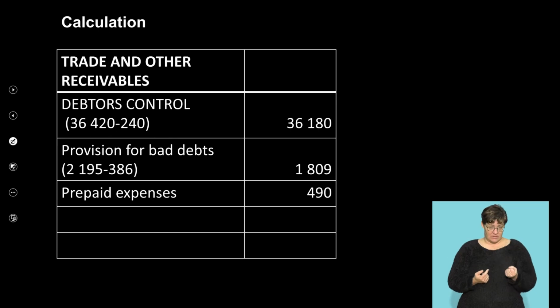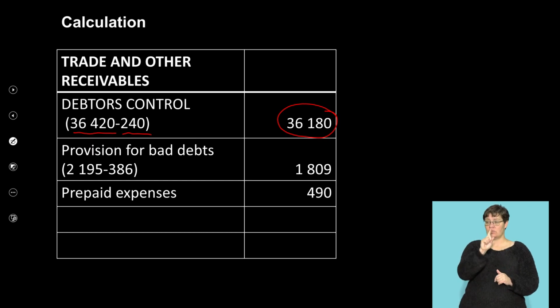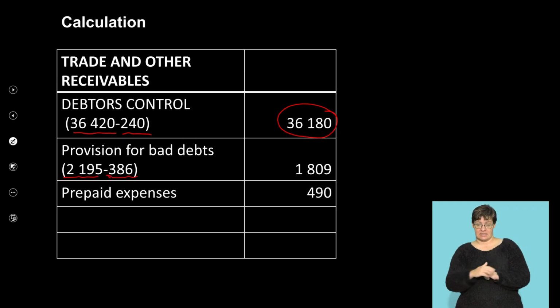Okay, so here you see now. There's our debtors control. We started off with the 36420 minus the 240, which was the allowance, to give me a figure of 36,180, right? There's my provision, remember, the 2195 minus the 386. We spoke at length about the 386 to give me my new provision of 1809.